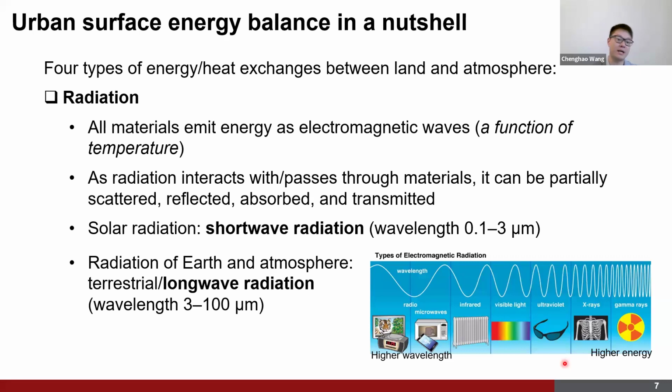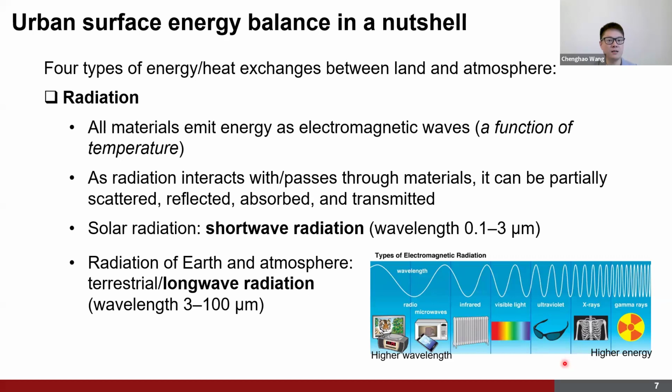As this radiation travels across space, it will interact with materials, and the incoming radiation will be partitioned into scattered radiation, reflected radiation, absorbed radiation, and transmitted radiation. The summation of these four portions should be equal to 100%, which is equal to the incoming radiation.